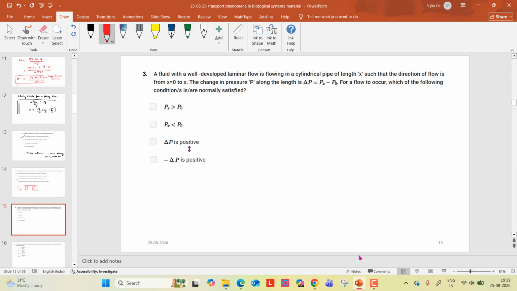The change in pressure P along the length is delta P, Px minus P naught. For a flow to occur, which of the following is true?